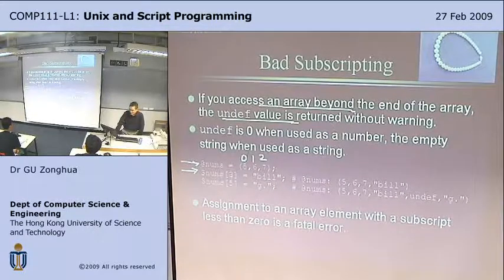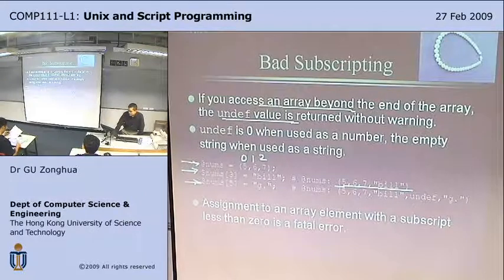So here sum 3 is 0 for empty string. You assign bill to it, overwrite it. Now you get a 4-element array back, 567 bill.